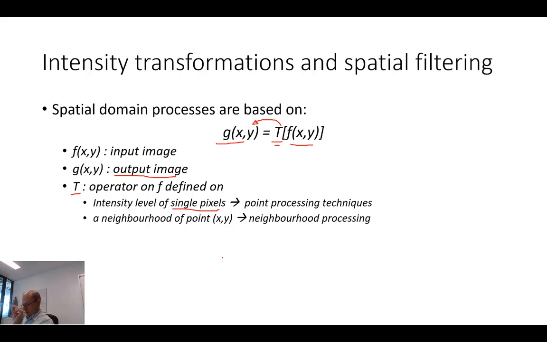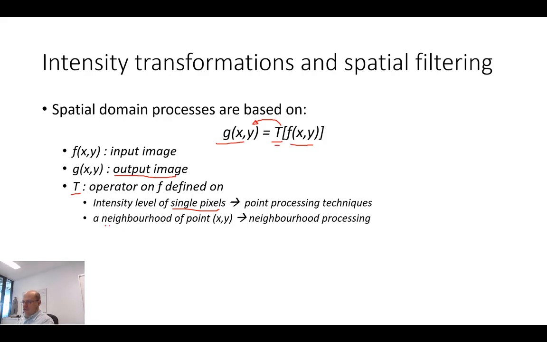Let's be reminded that each pixel in an image is nothing more and nothing less than an element of a matrix. So we're basically applying a processing to each element in a matrix. That's what it means to apply a transformation on the intensity level of single pixels.